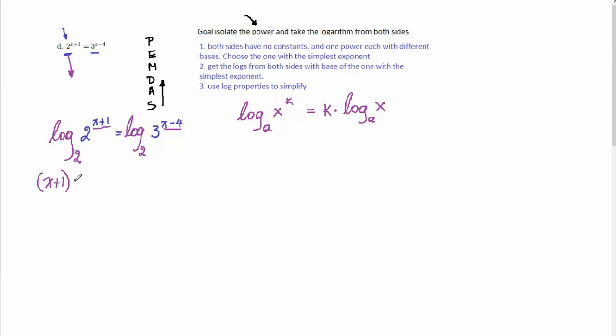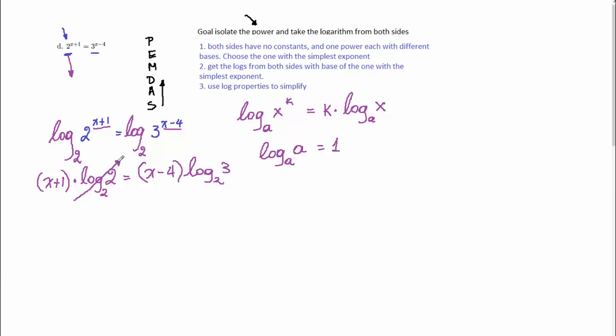Remember to put it in parentheses to avoid issues when you distribute. Log with base 2 of 2 is equal to x minus 4 on the right side times log with base 2 of 3. Okay, now another property that I can use is the property that tells me that if I have a logarithm of base a of a, this is going to be equal to 1, and this is the case right here.